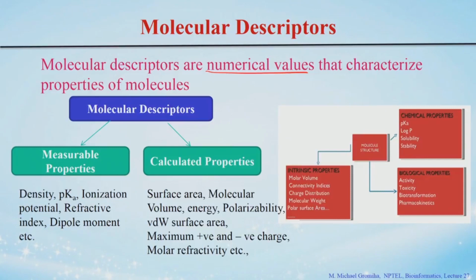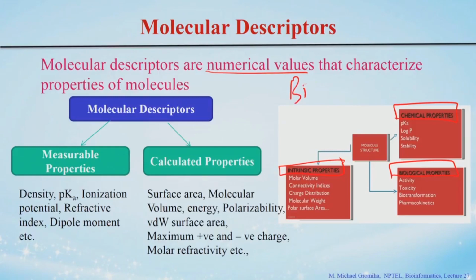Then there are different types of properties, like chemical, biological or intrinsic properties. The chemical properties include pKa, log P, solubility and so on; the biological properties are toxicity, activity and so on; and the intrinsic properties are like charge distribution, polar surface area and molecular weight. So, you can see intrinsic, chemical and biological properties of any ligand.